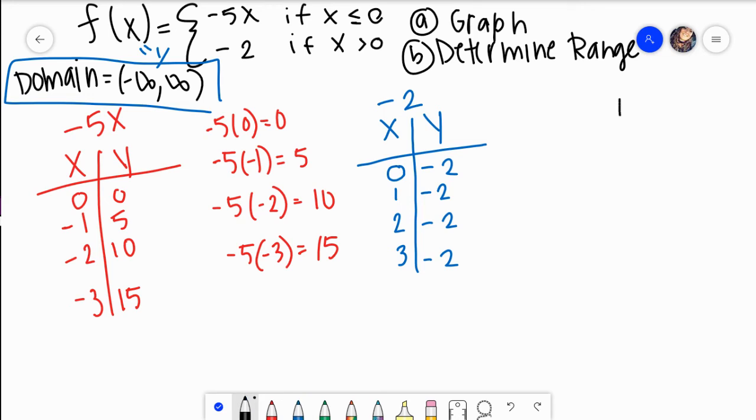So let's see. So we have y, we have x. If I look, I need to go to at least 15 on my y-axis. So I'm going to do 2, 4, 6, 8, 10, 12, 14, 16.